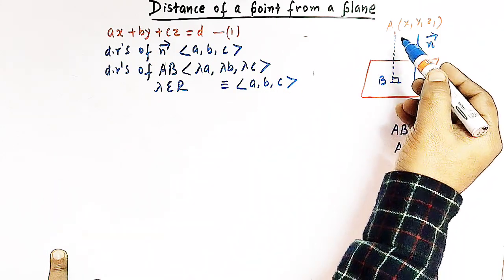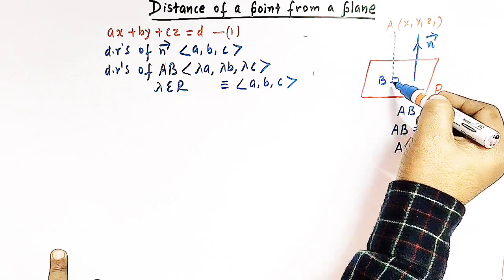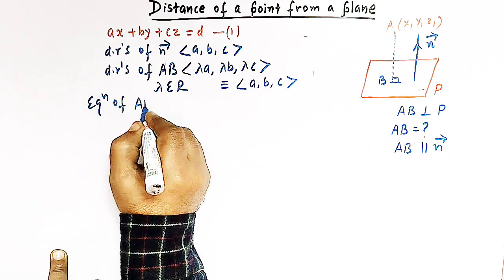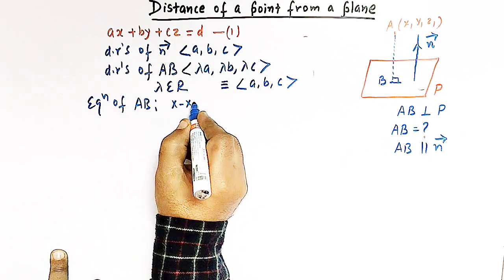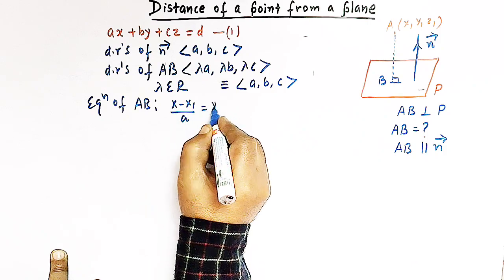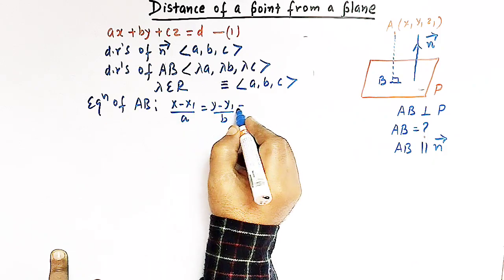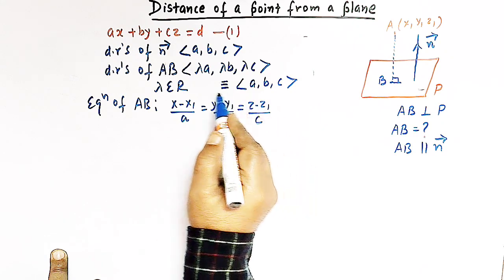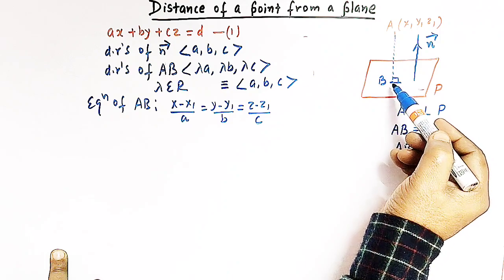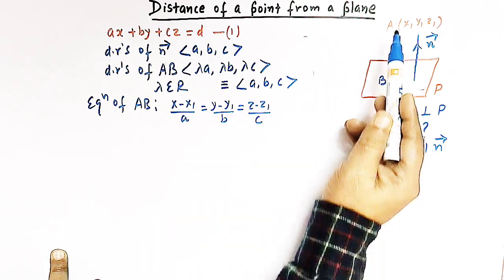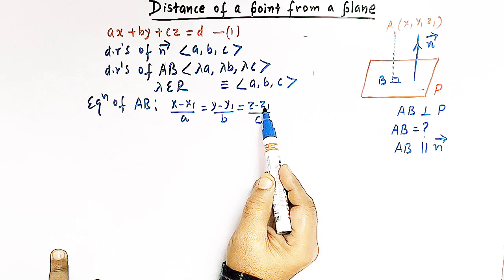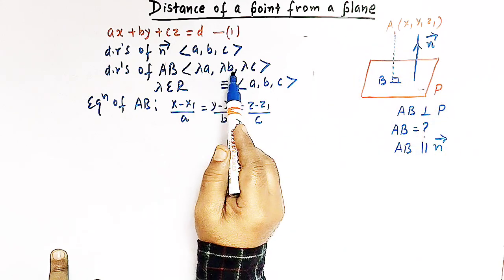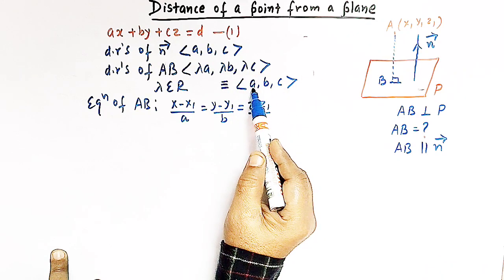So now we can write the equation of this perpendicular AB as (x minus x1) over a, then (y minus y1) over b and (z minus z1) over c, right? So this is the equation of this perpendicular AB, where AB passes through this point x1, y1, z1, and the direction ratios of AB can be taken as lambda a, lambda b, lambda c, or simply a, b and c, right?